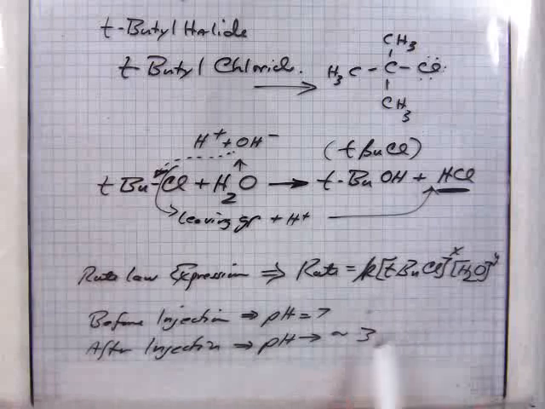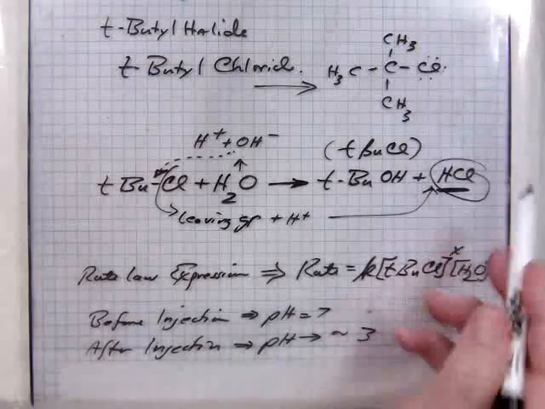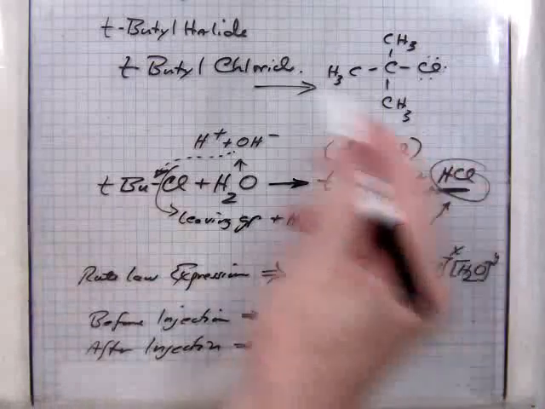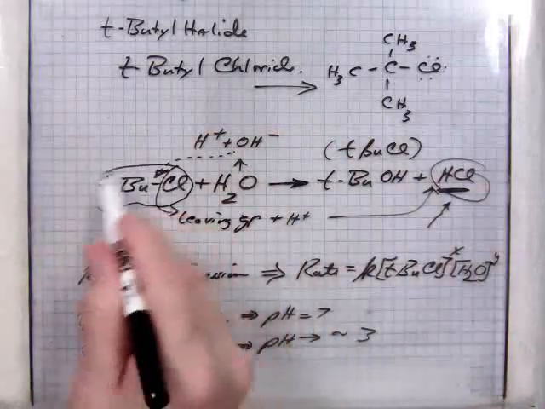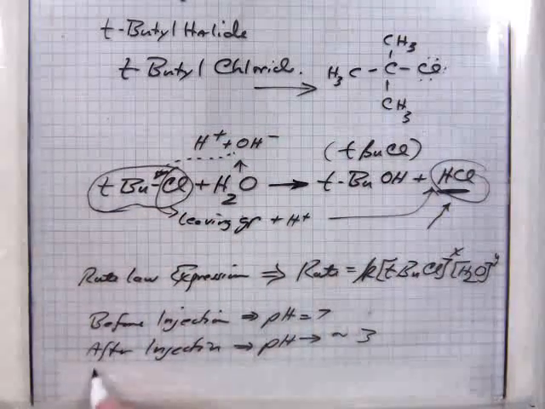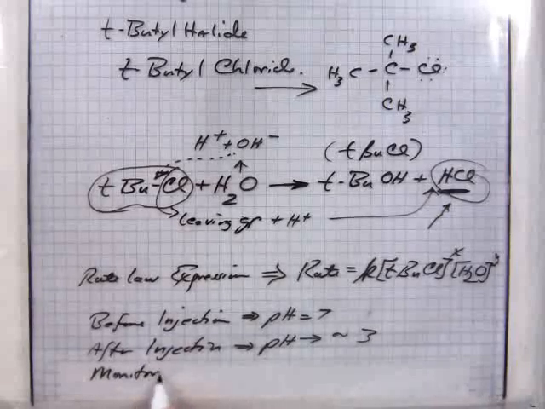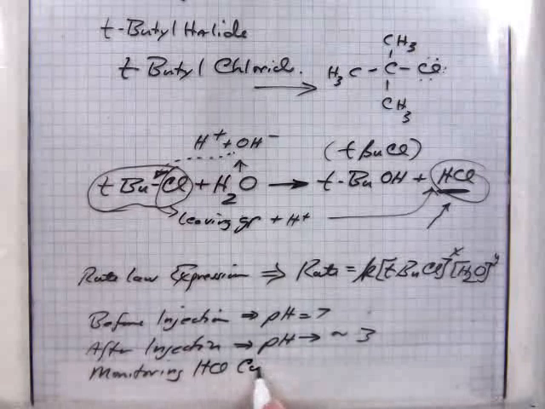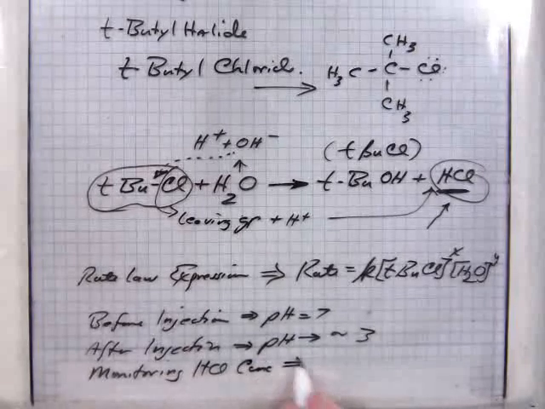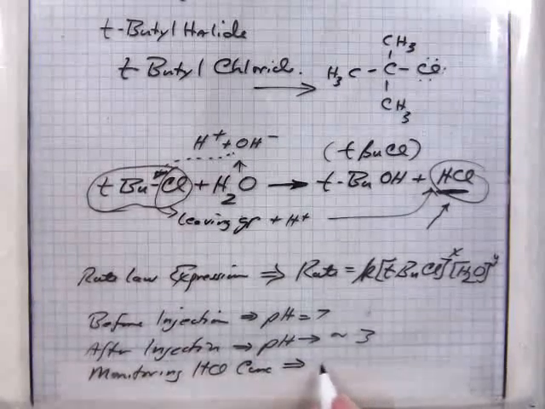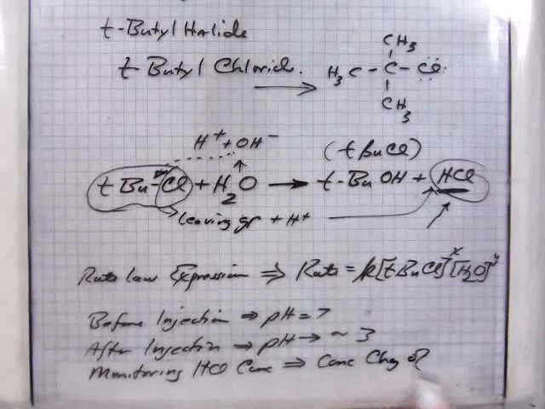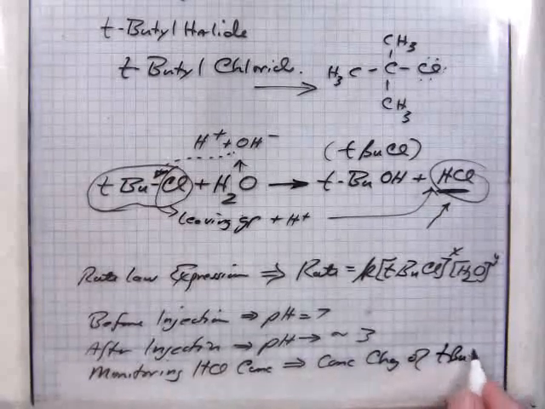So what I'm monitoring here is a component in the reaction and translating it into what the reactant is doing. And this gives the concentration changes, say, of the T-butyl chloride.